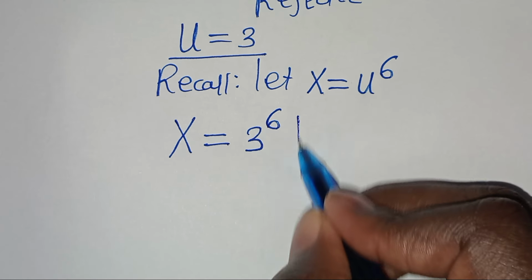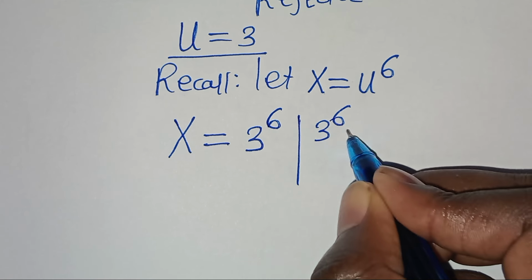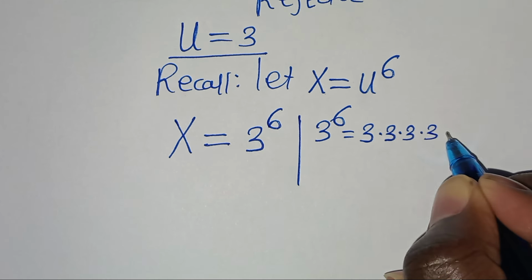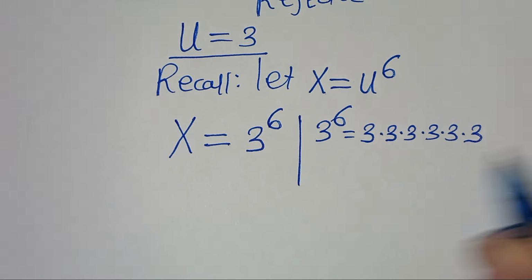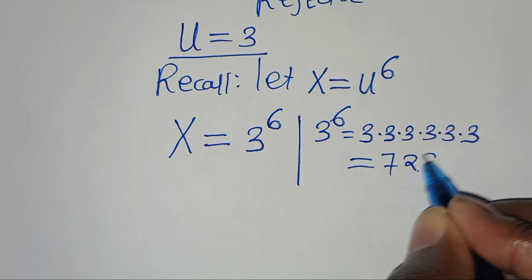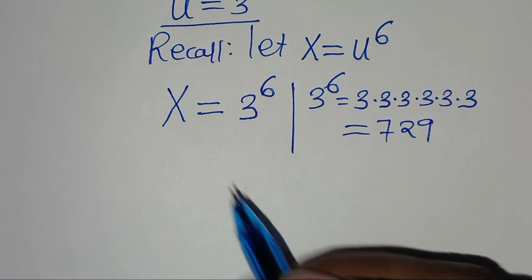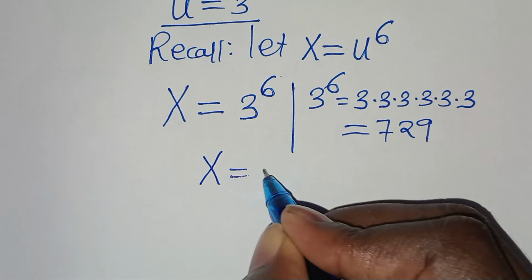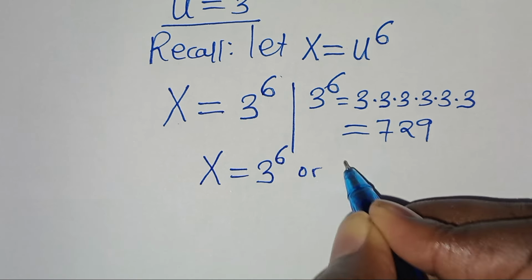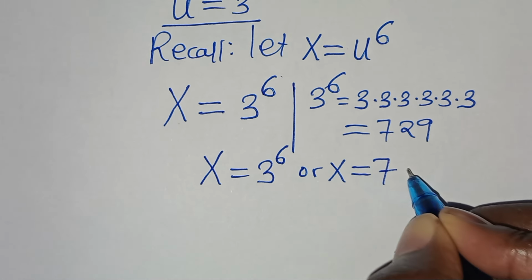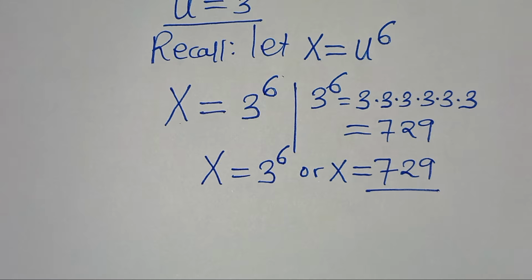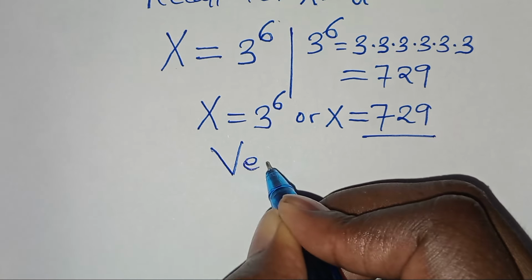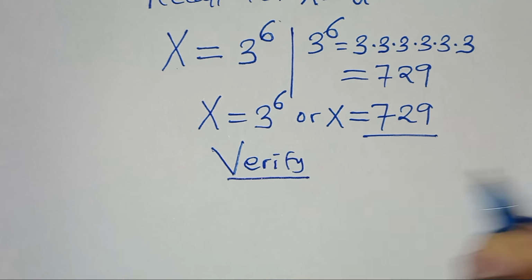This is 3 multiplied by 3 multiplied by 3 multiplied by 3 multiplied by 3 multiplied by 3, and this is equal to 729. So x is 3 to the power of 6, or 729. Now, the next step from here is to verify that this value of x satisfies the equation.